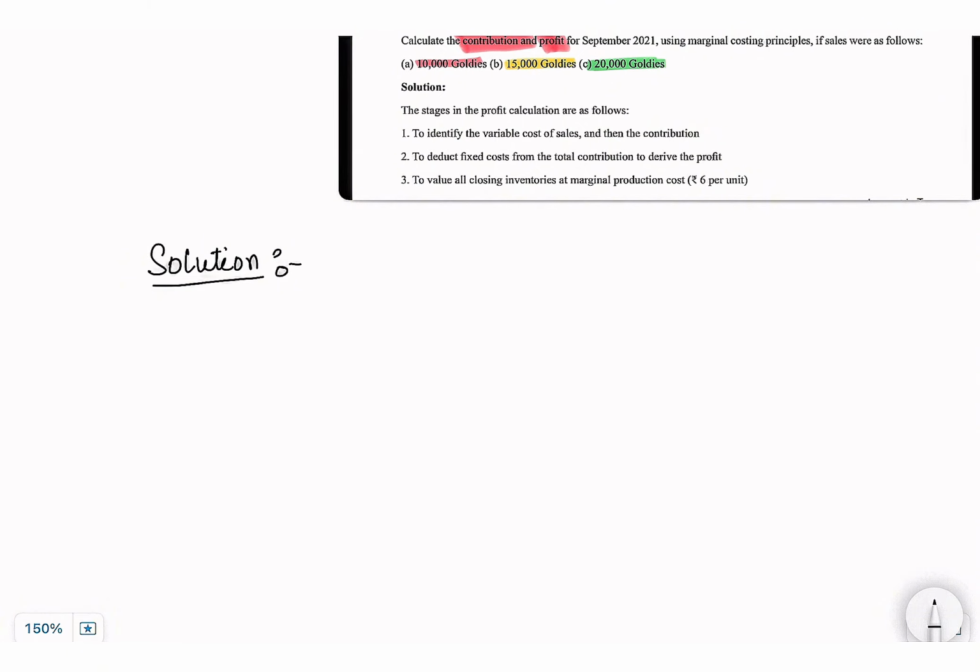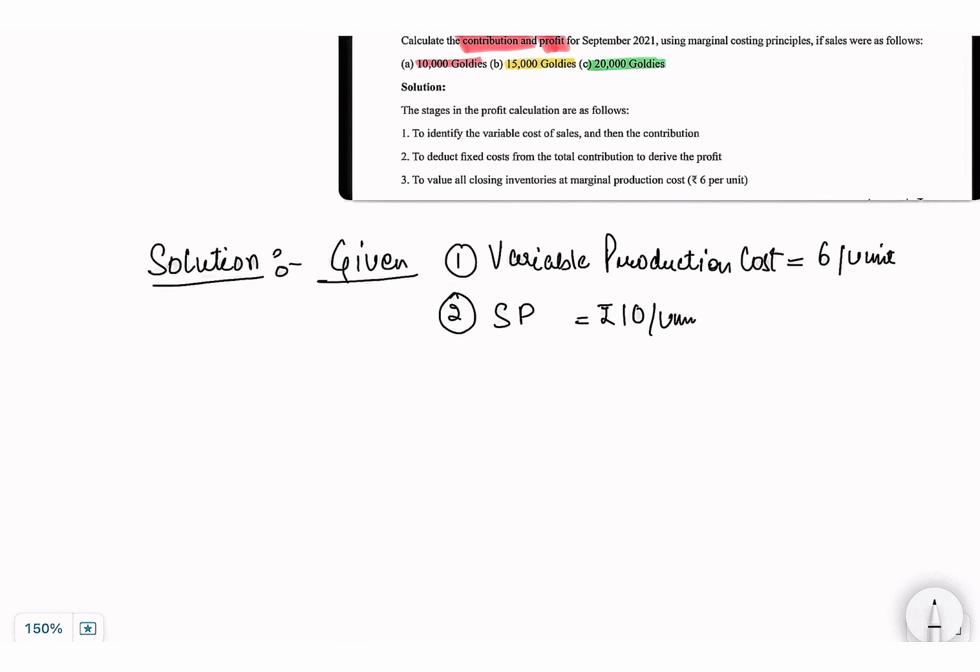Okay, let's see. First of all, what is given in the question? We have to write this so that we know what we have to find. Variable production cost, we know, is 6 per unit. Second is selling price, SP, I'm writing here, 10 rupees per unit.